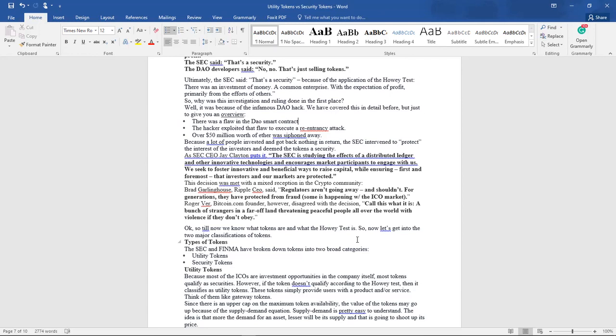Those tokens simply provide users with a product or service. Think of them like gateway tokens. They give you access to a particular service or product in the company.